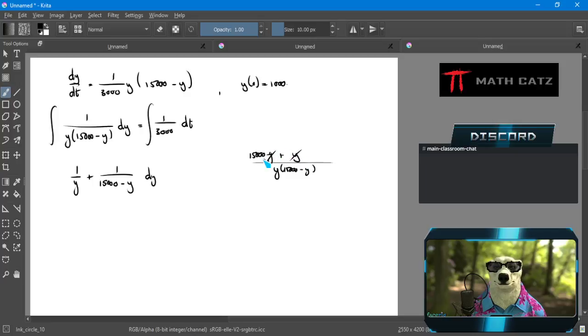So my y's do cancel. I get 15,000. Yet I have to get a 1. How can I manually adjust that? Well, simple enough. I just have to put a 1 over 15,000 in front, and then it'll cancel with this 15,000.